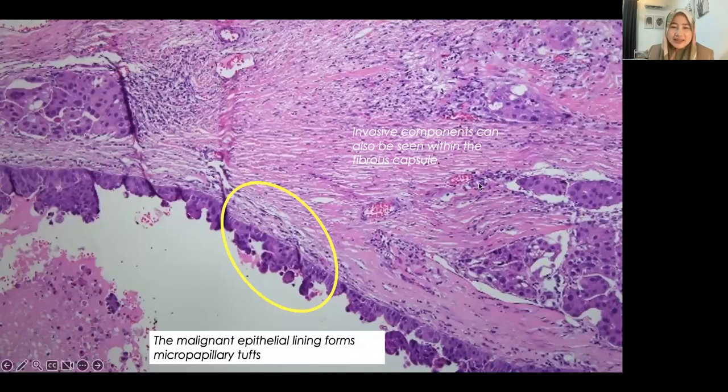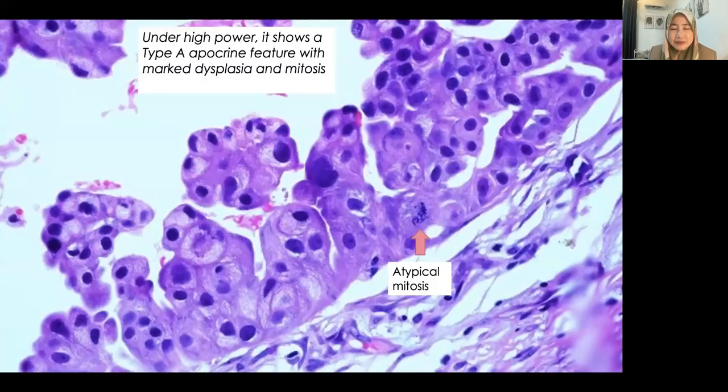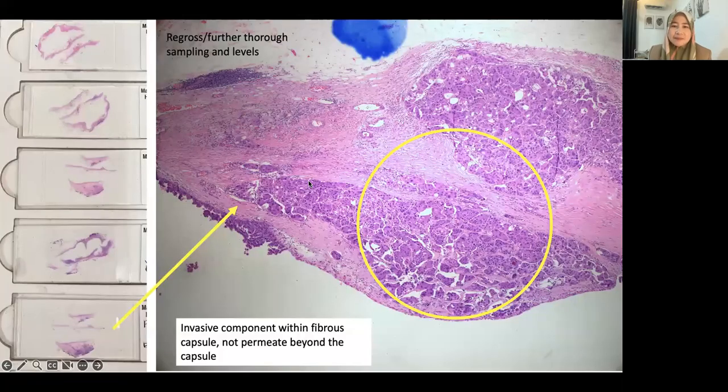The cells lining the fibrous capsule also look malignant, forming micropapillary tufts. In a higher power view, the cells lining the fibrous capsule are composed of type A apocrine features with marked dysplasia and mitosis. In another area, we found scattered mitosis with marked dysplasia of the cells.